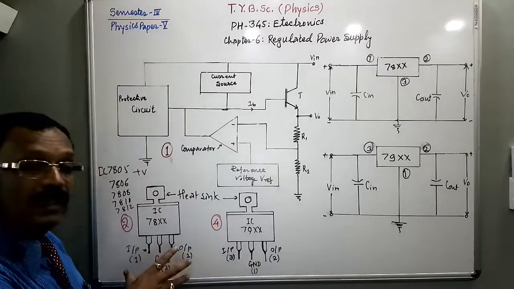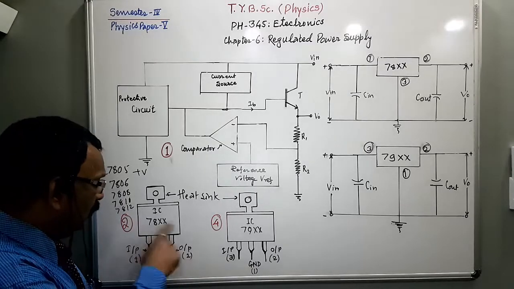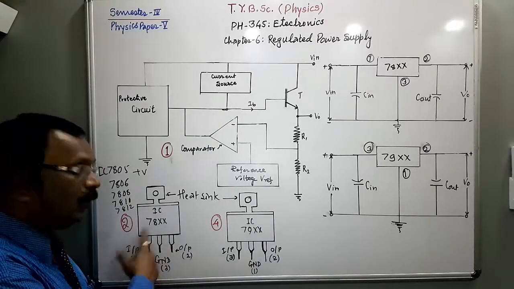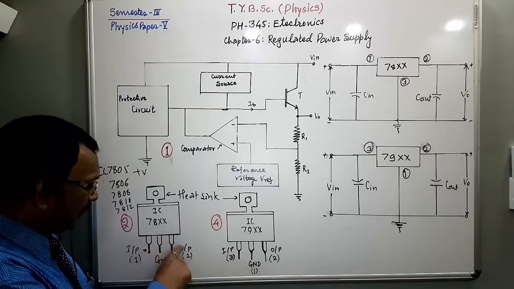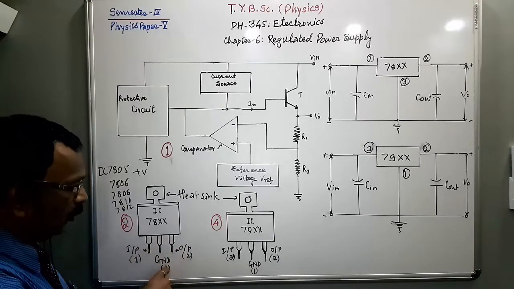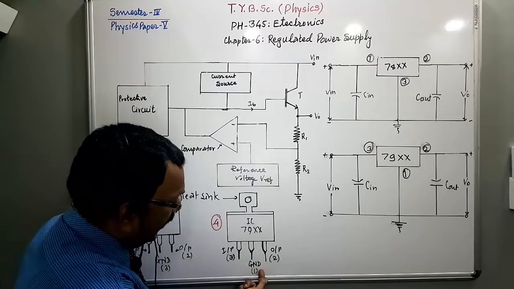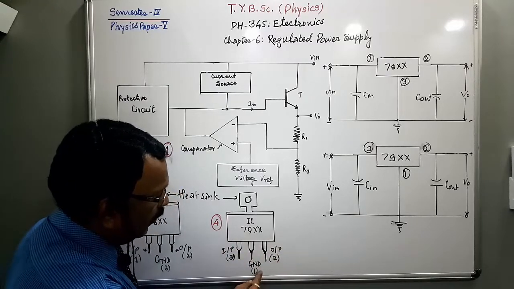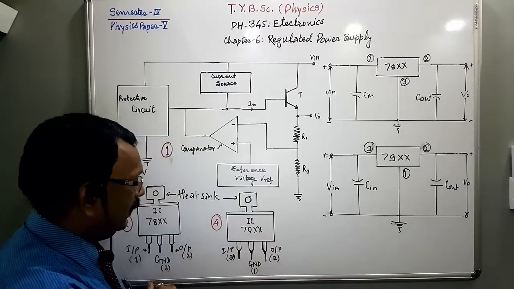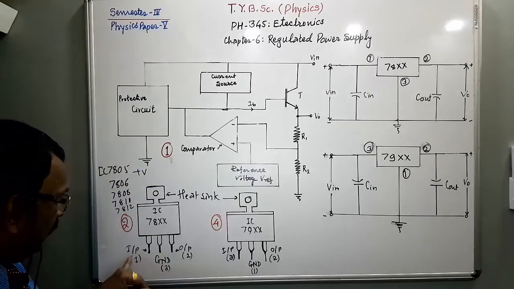In order to memorize the pin configuration in the 78 series, we move in clockwise direction, that is 1, 2, 3: input, output, ground. Here we move in anti-clockwise direction, 1, 2, 3. 1 is ground, 2 is output and 3 is input.